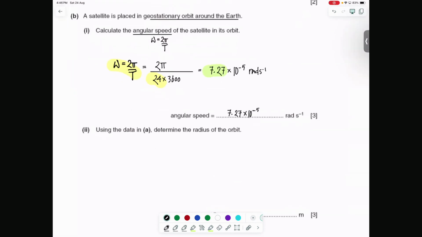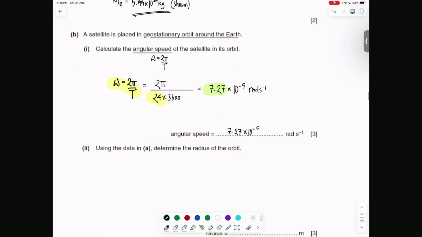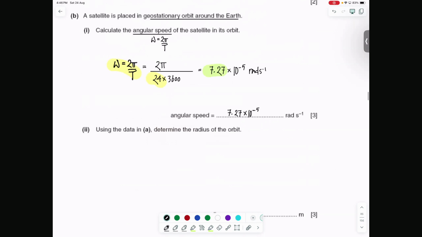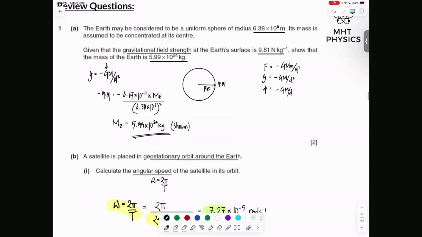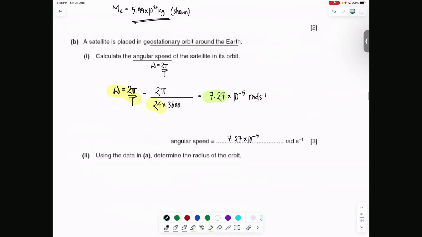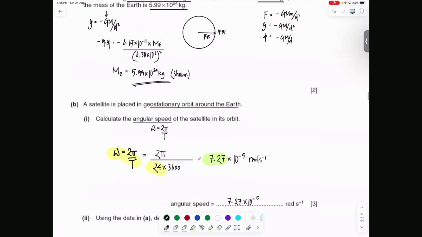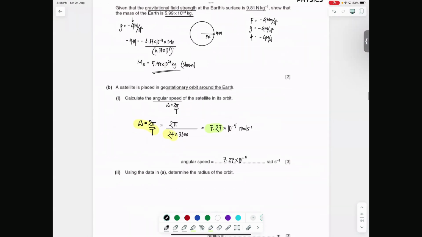Use the data in A to determine the radius of the orbit. So you need to find the radius of this stationary satellite around the Earth, and you have to use the data given in A, right? So can you try this? There's something very similar in your exam.